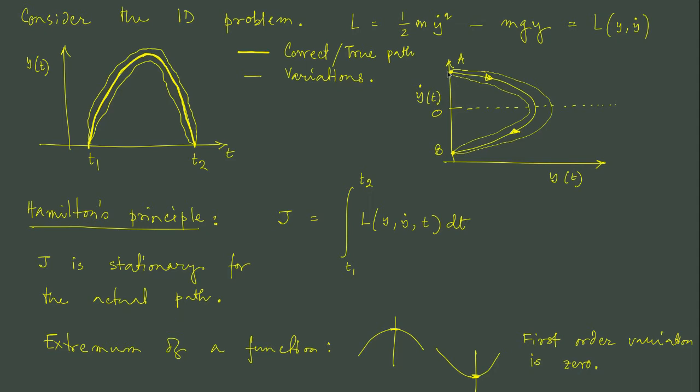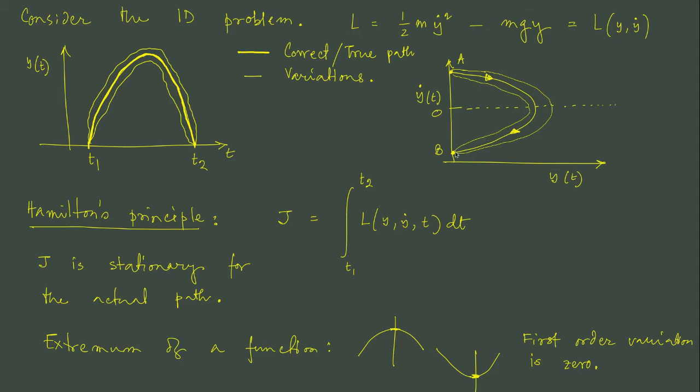We know the true path after all. The path is given by a parabola. It starts with some positive velocity and then goes up. At the highest point, the velocity is 0, and then as it comes down, the velocity is negative. So, this is the 0 velocity line.